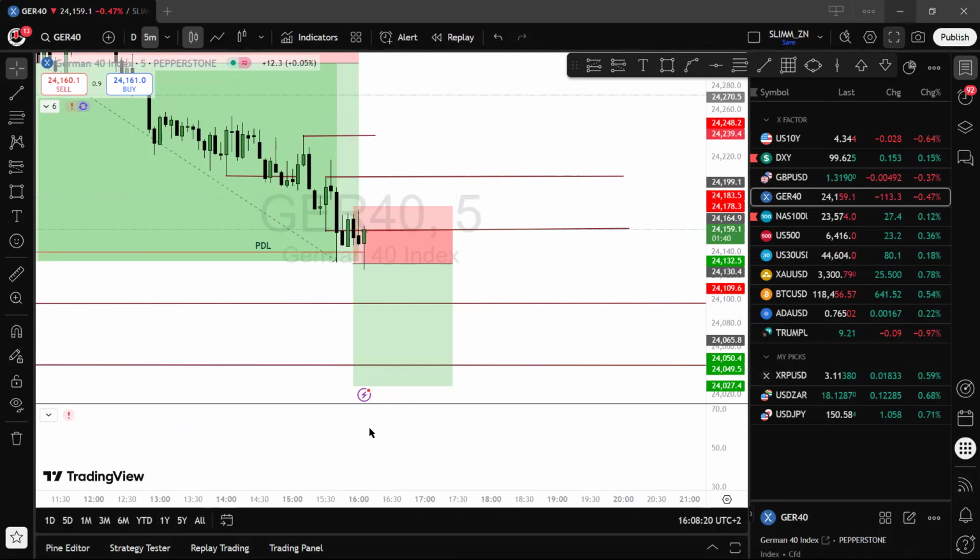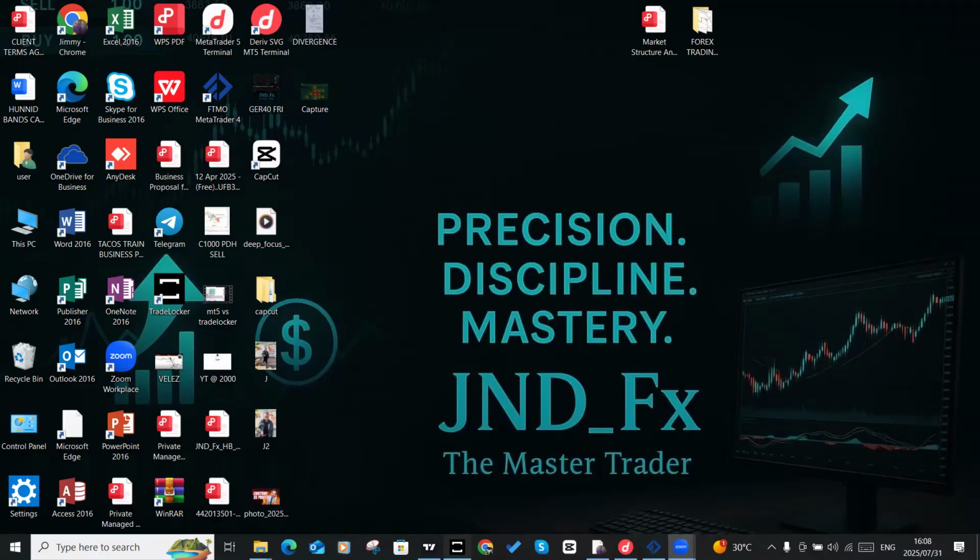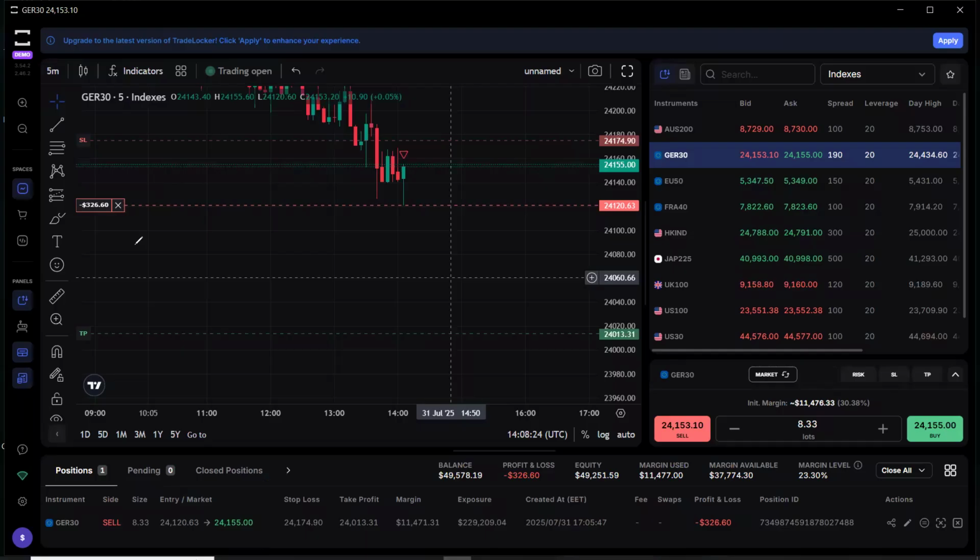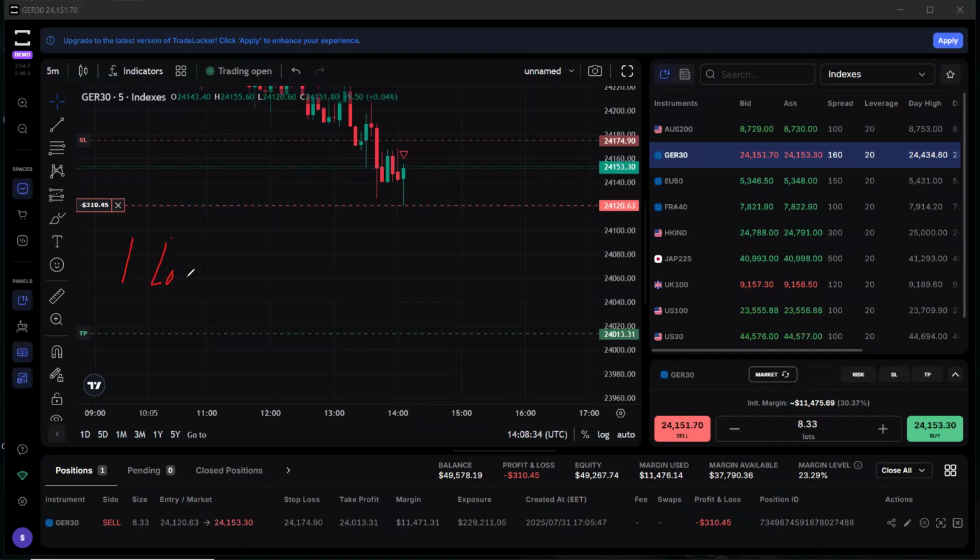So this account currently has one loss, one break even. And if today's trade is a loss, then we're going to have two losses, so it will be down 2%, and I think it will be done for the week.